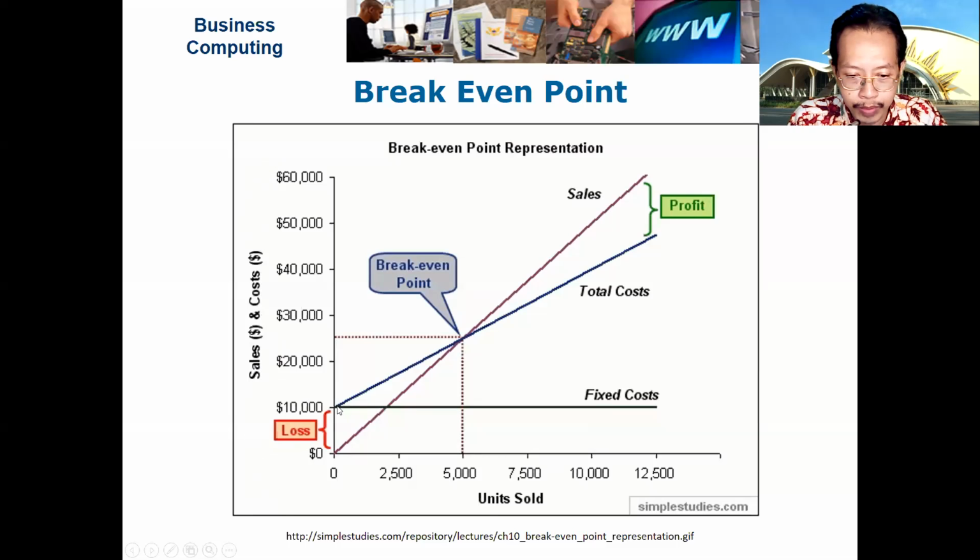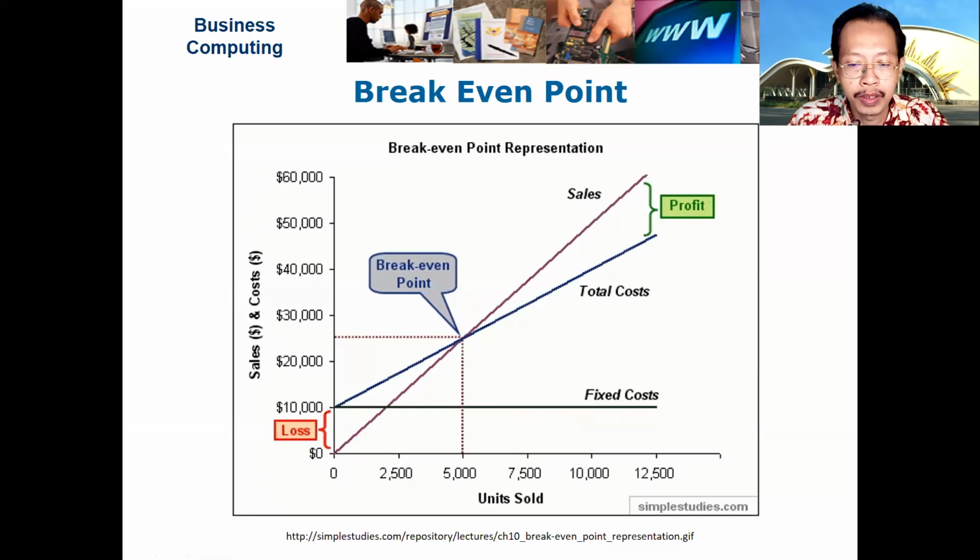Now, the first part would be the fixed costs. The fixed cost is a horizontal line because it's always the same. No matter how many pizzas, how many products you make, the fixed cost would always be the same, except if you were to open a new factory, open a new store, then it would be going up.